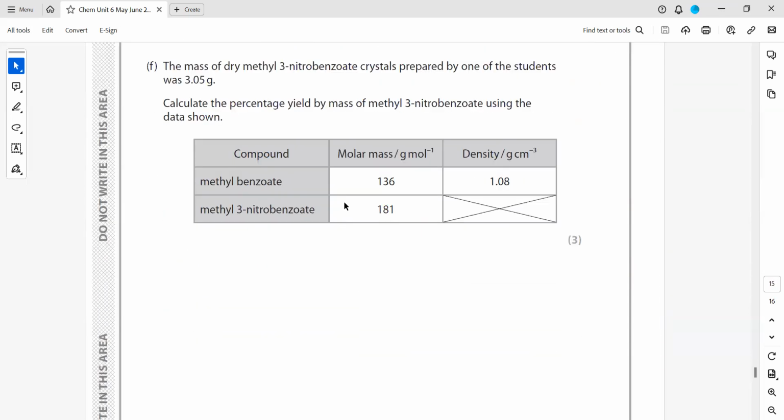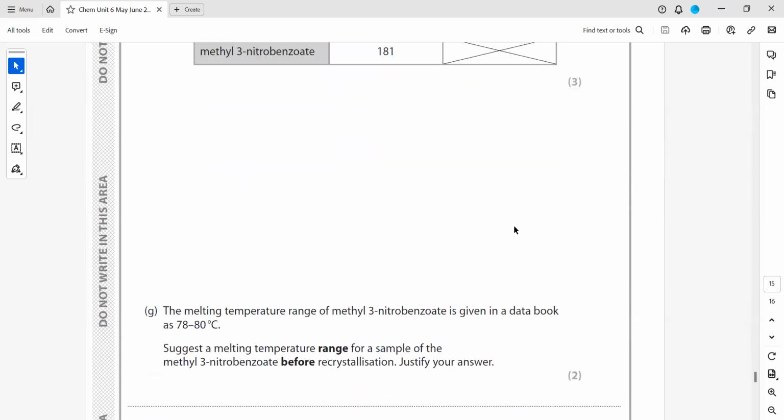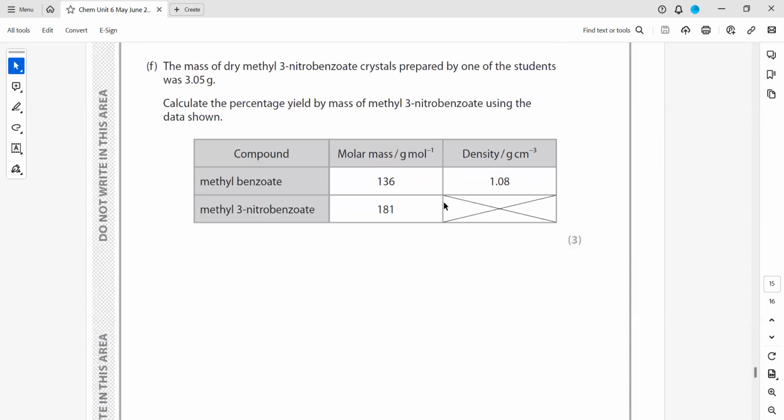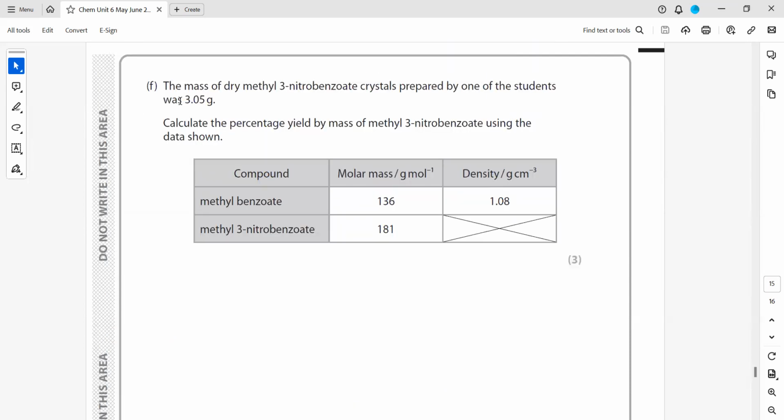In part F, the mass of dry methyl 3-nitrobenzoate crystals prepared by one student is 3.05 grams. Calculate the percentage yield. So percentage yield is the practical value divided by the theoretical value, times 100. We have the practical value, 3.05.